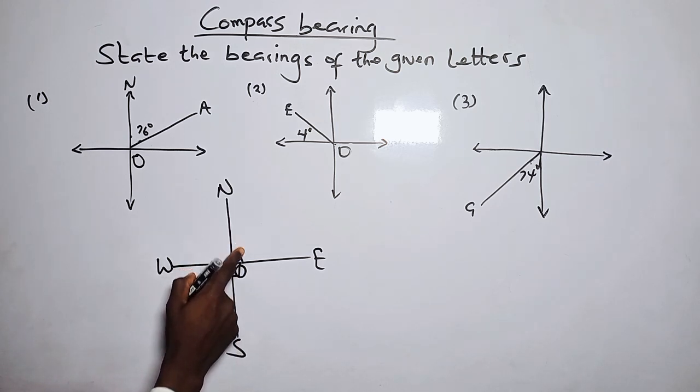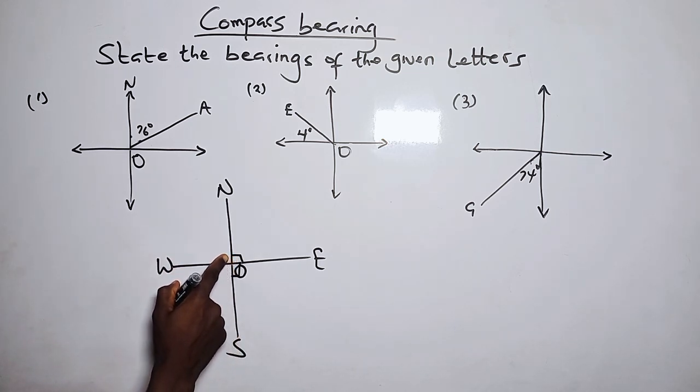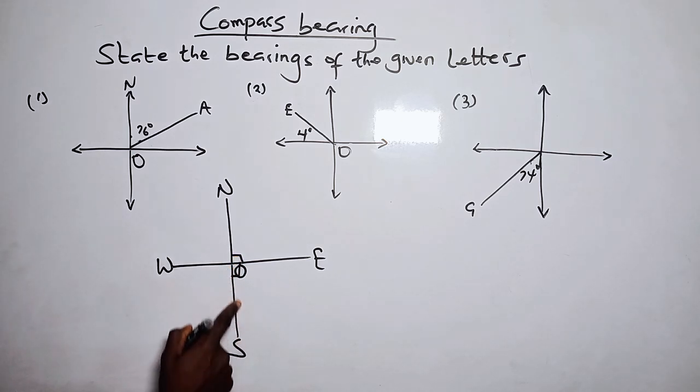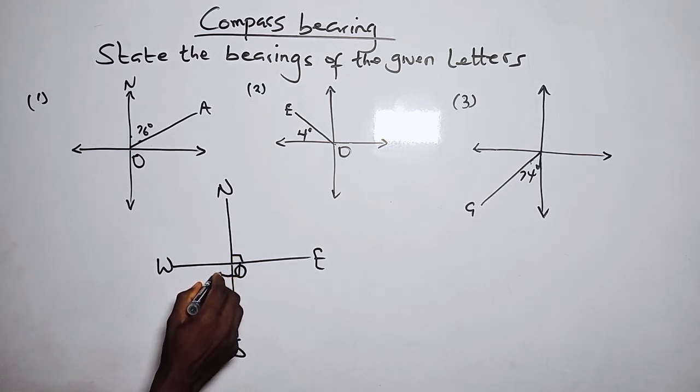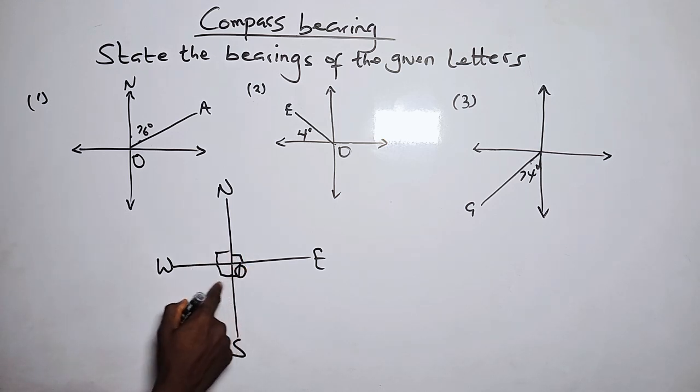So we have the first, second, third, and fourth quadrants. Each one is 90, so by the time you sum it together, we have 360 degrees.